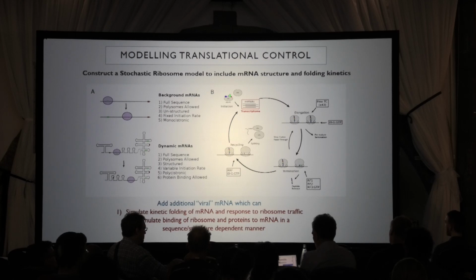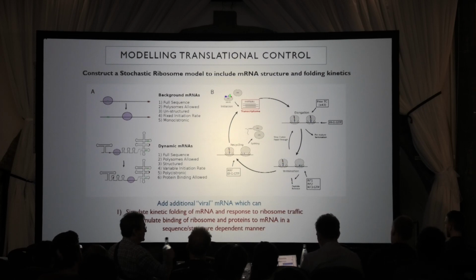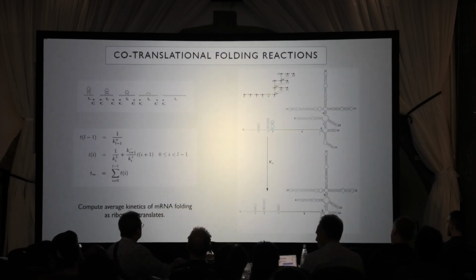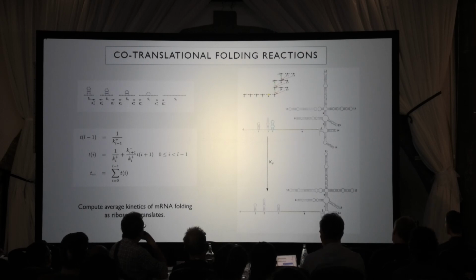And then you put in a single dynamic RNA, for which you can simulate the co-translational folding as the ribosome moves over it, and its response to proteins. This is the little bit of math that's in here. The idea is that you have the full-length mRNA structure in the computational code, and you can store that in a specialized tree, which allows the computations to be done very quickly.